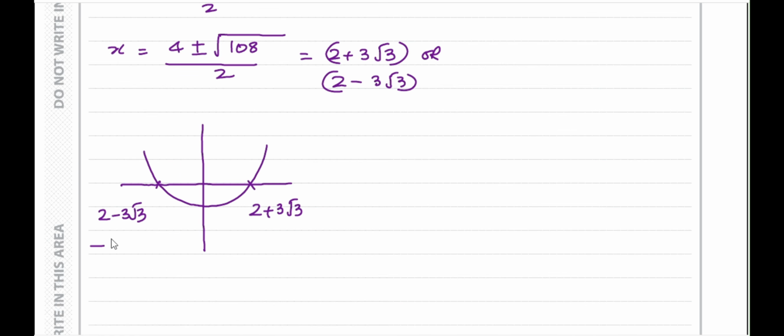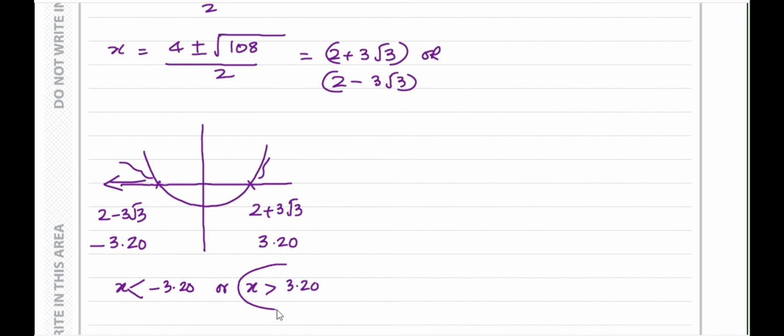Putting this into the calculator, we get the decimal values of minus 3.20 here and plus 3.20 here. We want the function value to be greater than 28, which means we want this area and this area, that is x should be less than minus 3.20 or x should be greater than 3.20.